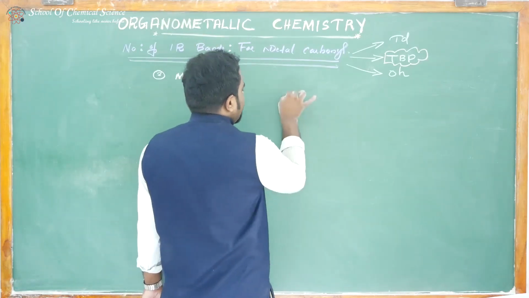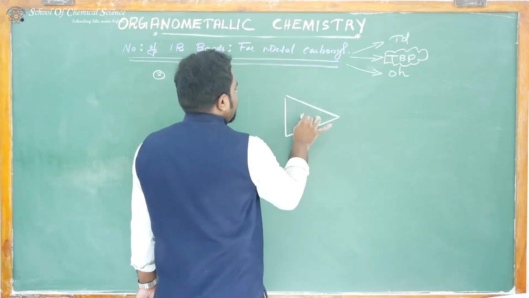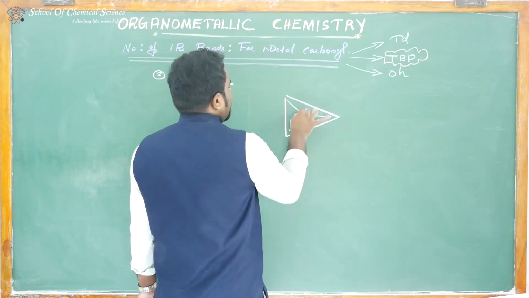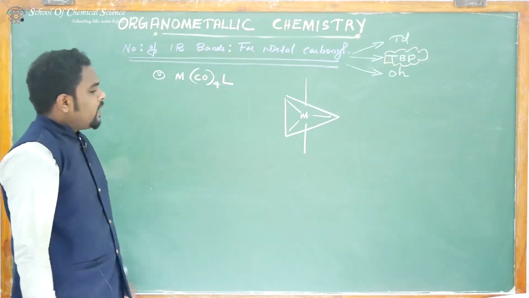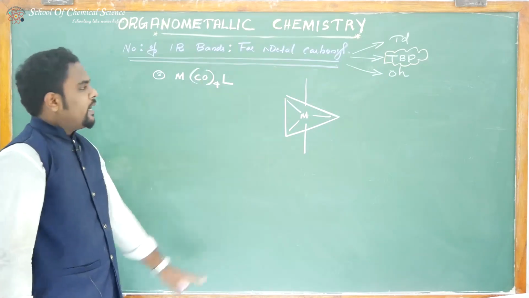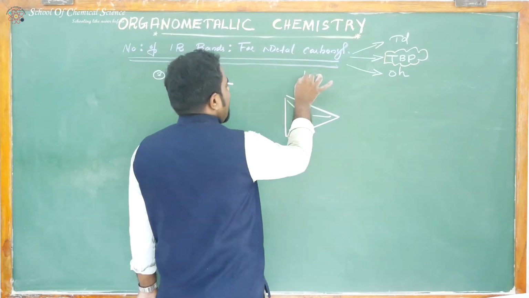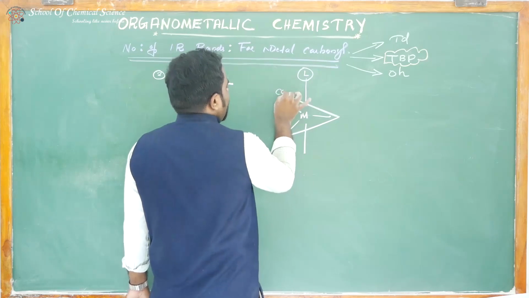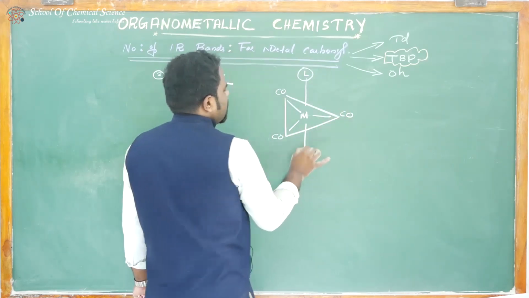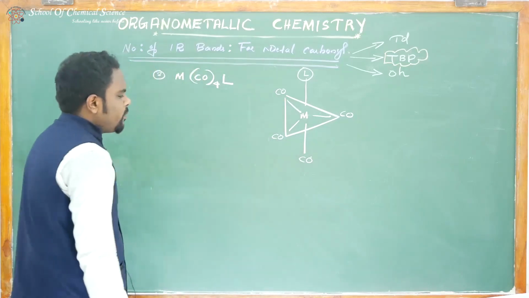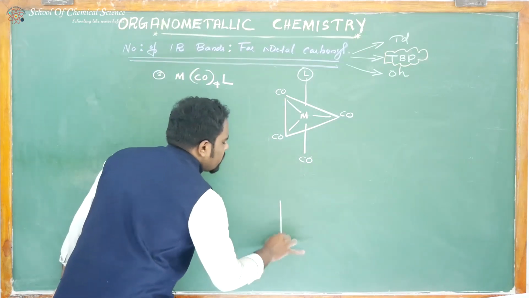This is the trigonal plane. Here metal is present, with 3 corners, one above, one below. The new ligand L can be present in the axial position, then all 4 carbon monoxide at other positions. One more possibility is there.